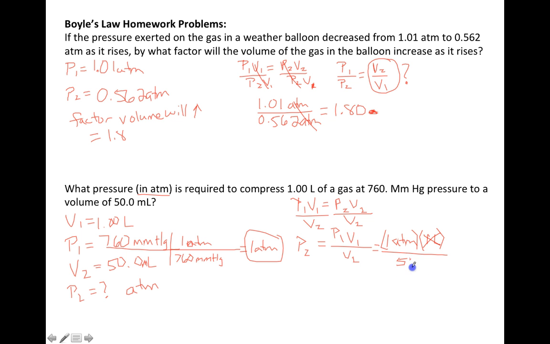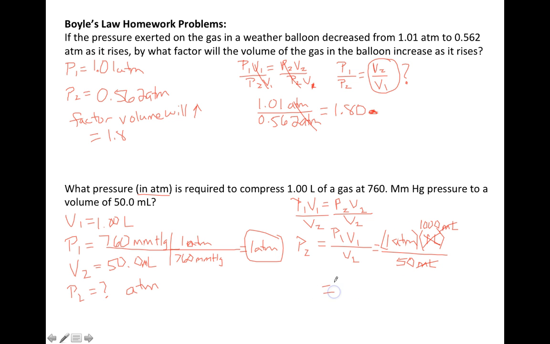If this is 50 milliliters down here, I need to have milliliters up here. But I know that 1,000 milliliters over 50 milliliters, the milliliters cancel, and I'll end up with ATMs.